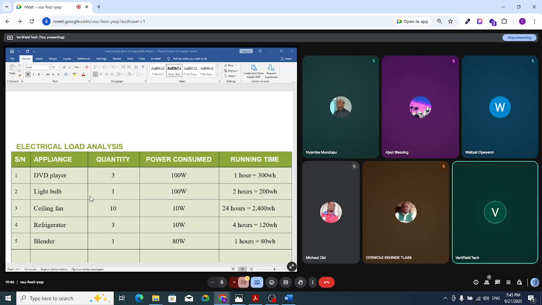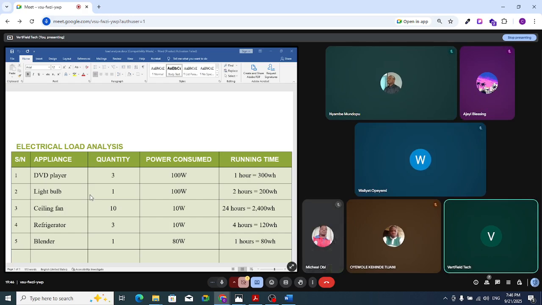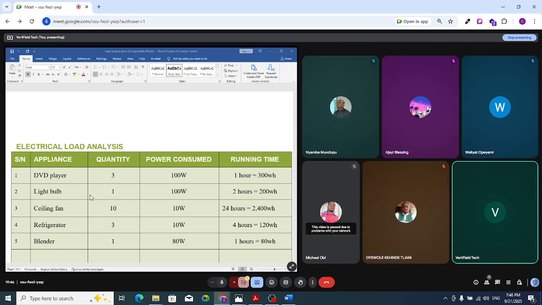In order for us to run a load analysis on these 5 appliances, we have to take into consideration 3 standard parameters. One, the quantity of appliance. Two, the power consumed by the appliance. Three, the running time of the appliance.